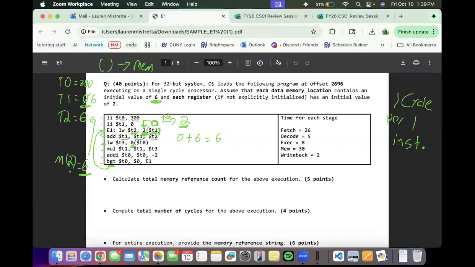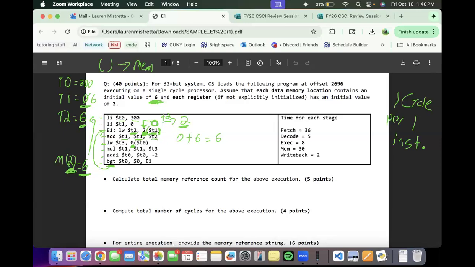So this entire thing is saying is mem address 2. Mem address 2, we know, has a default value of 6. So what are we loading into the register? We don't load the address, we load the value of what's in the address. So that's why we load the 6 that came from mem address 2 into T2.